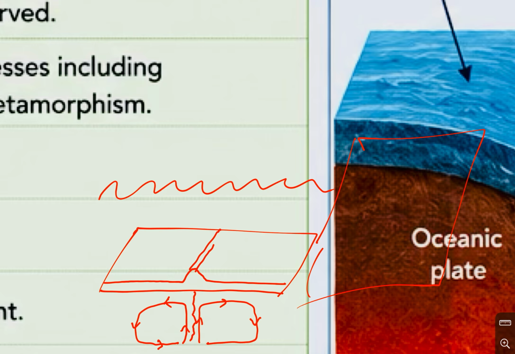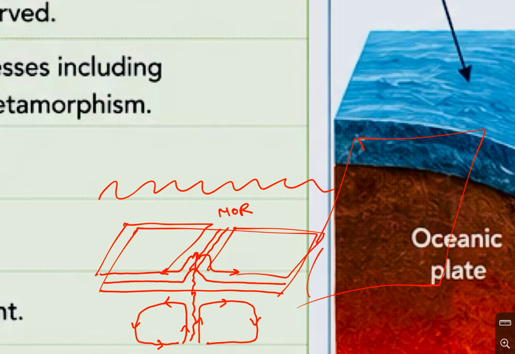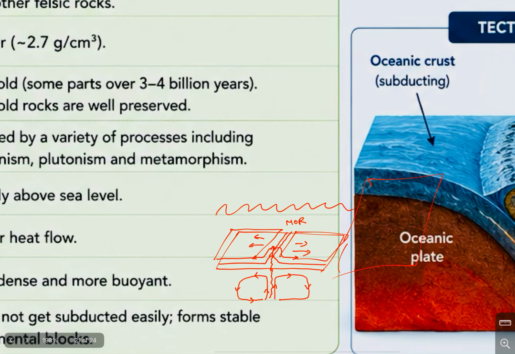There is an opening from where the magma comes out, and it spreads in both directions, and then it forms a plate. So these locations from where there is an opening are called mid oceanic ridges, and the lava spreading on both sides, the magma, will form plates, and this is the location where the oceanic plates are formed.